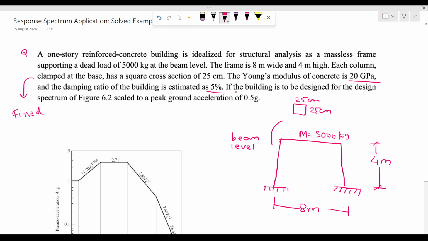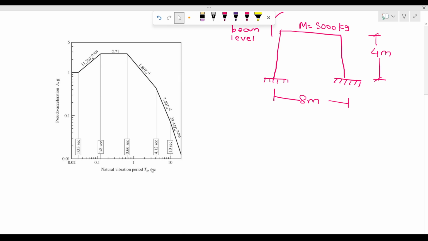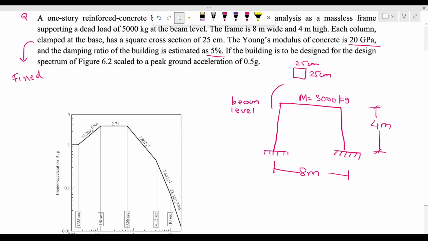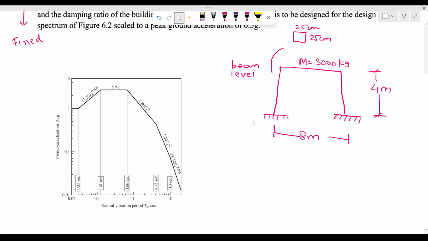If the building is to be designed for the design spectrum, so here you can see this is the design spectrum. I will explain you how to use this, and it is scaled to peak ground acceleration of 0.5 g. Okay, I will explain this also. So this is our problem, and we have to find two things. First one is the peak displacement.